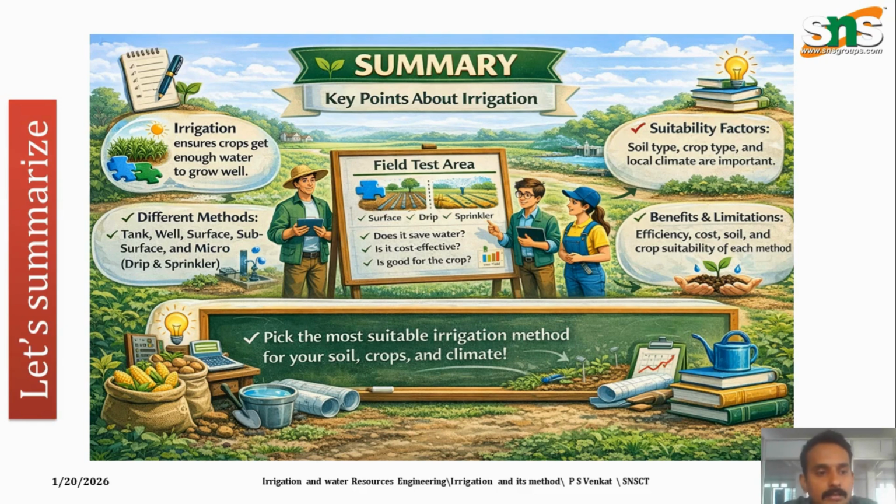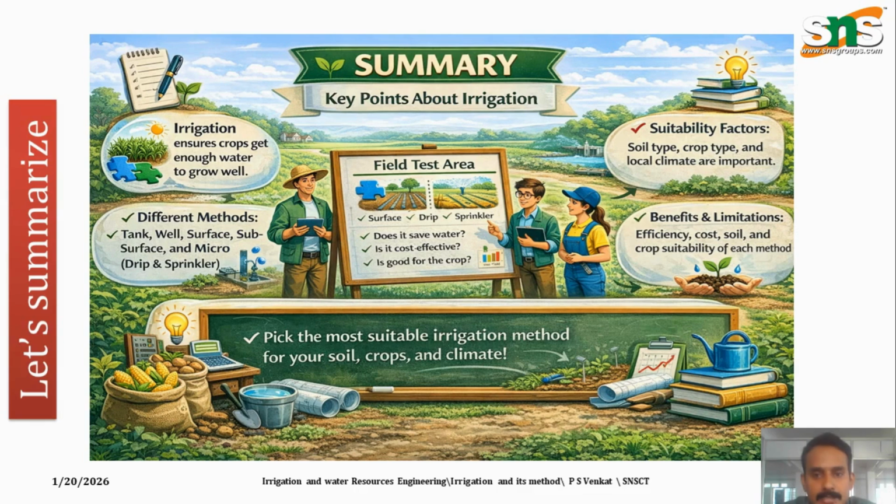Now let's summarize what we have learned. We have learned various methods of irrigation such as tank irrigation, surface irrigation and subsurface irrigation, and the field tests required for ensuring the best and optimal method of irrigation based on water efficiency, cost effectiveness and crop yield.